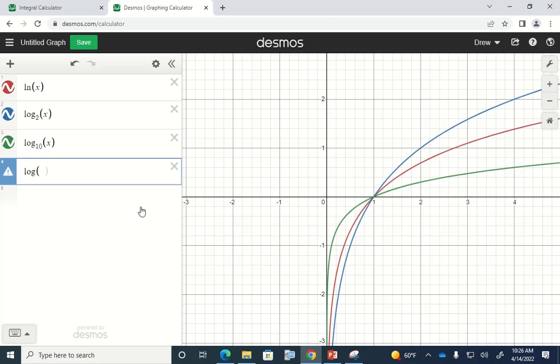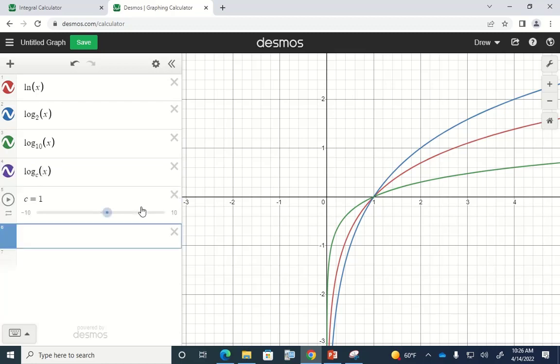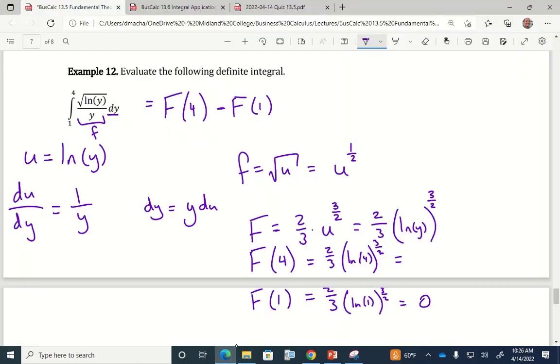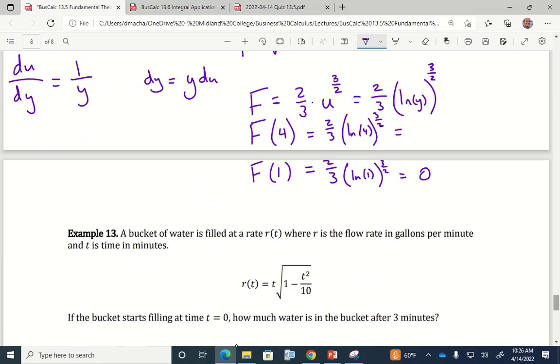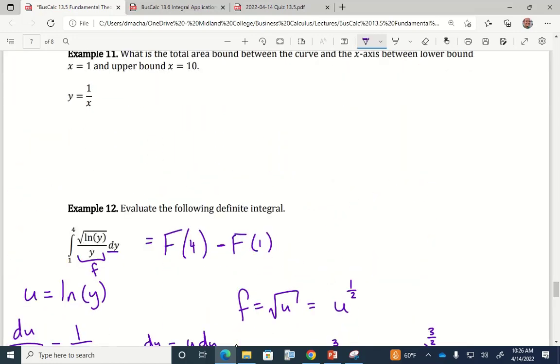And if you have logarithm with base c, and you let c be any base, a logarithm always passes through 0 whenever x is equal to 1. The reason for that is you have to remember, and honestly I have to remember this too, I always forget.